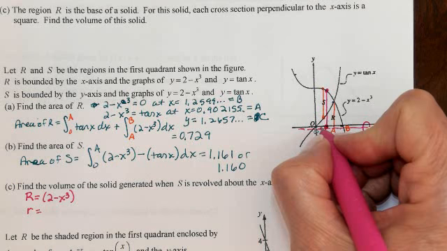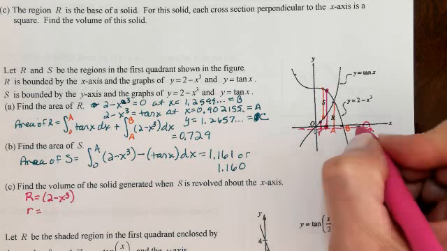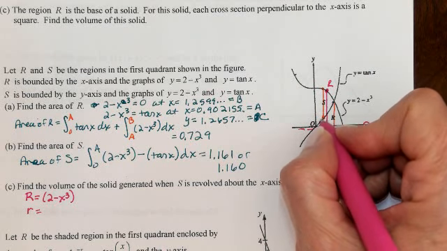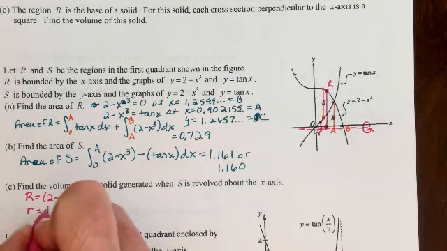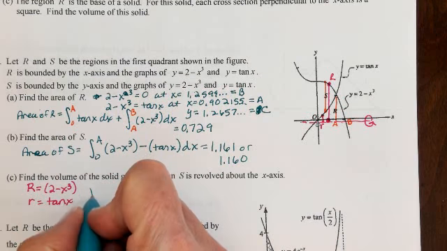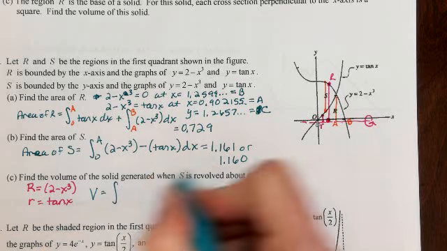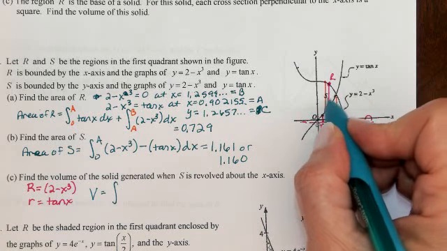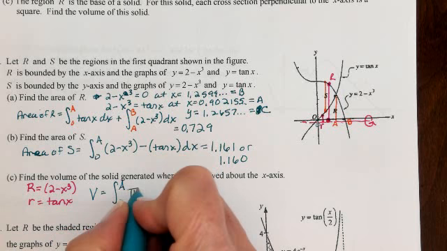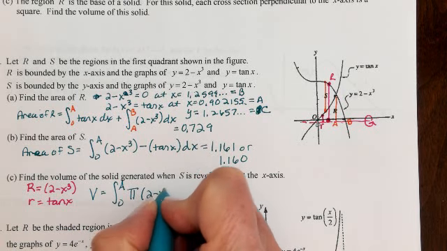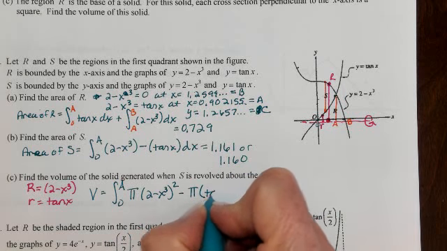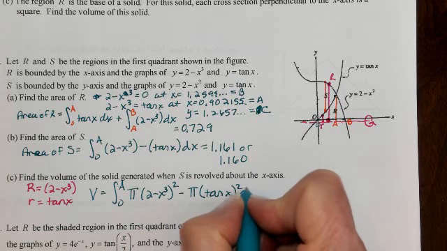From your axis of revolution to the close side of your region is your little r. So that will be the tangent x curve minus 0. So the volume will be the integral from 0 to a of pi times your big R squared minus pi times your little r squared.